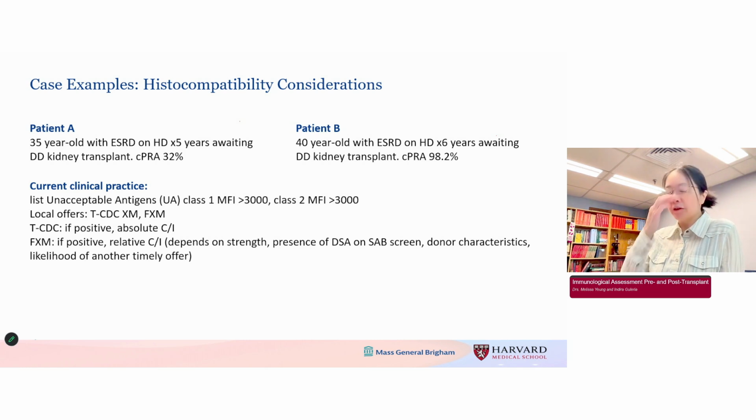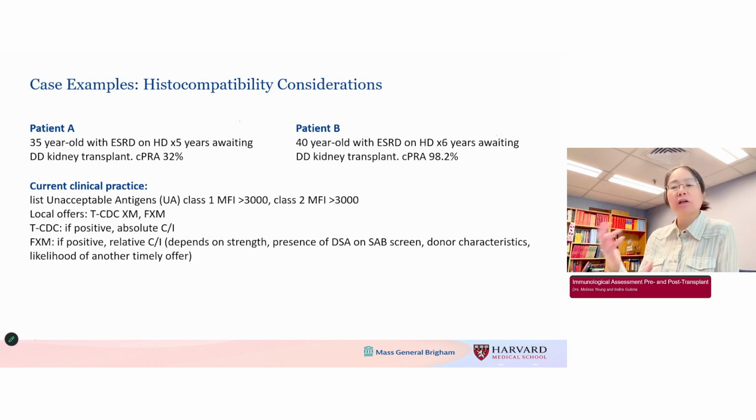However, if this is a very young, otherwise healthy donor, and this is a very highly sensitized patient who has not been getting a lot of offers, then you may be a little bit more flexible about whether or not you cross a low-level antibody. And all that comes down to trying to make an assessment of whether you think, if you pass on the offer at hand, what the likelihood of another timely HLA-compatible kidney would be.